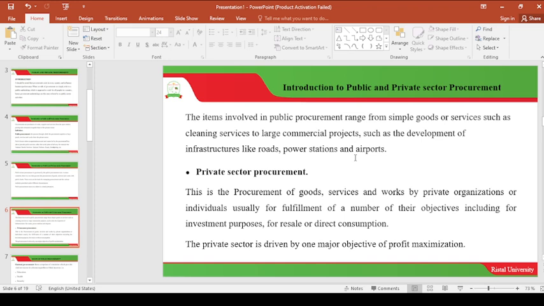In other words, it is the process of obtaining goods, services, and works by the private organization.